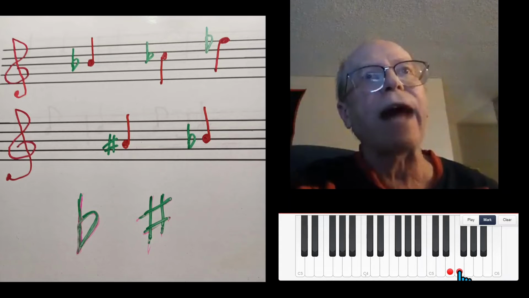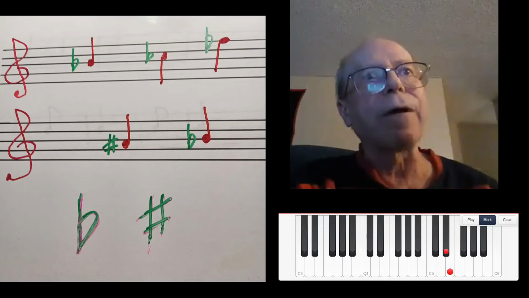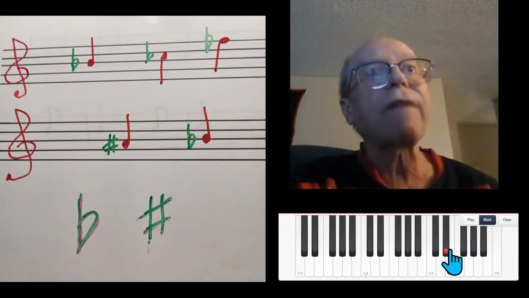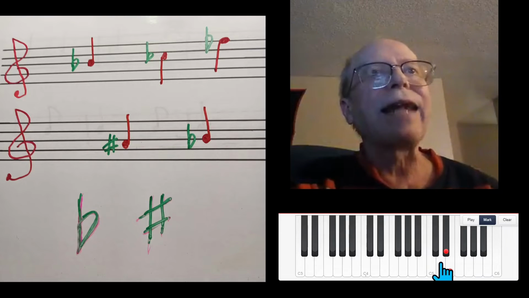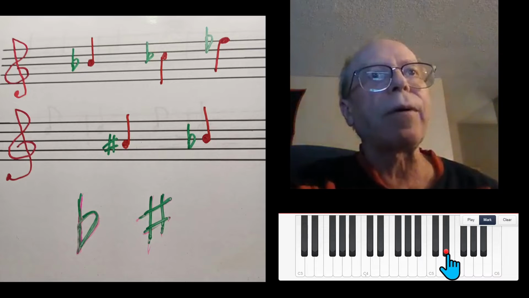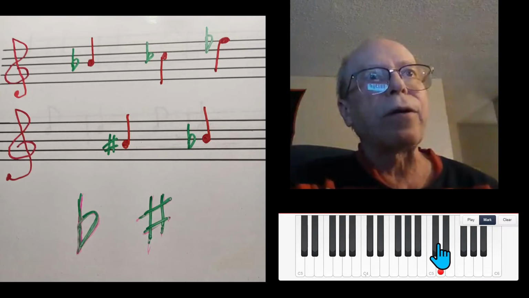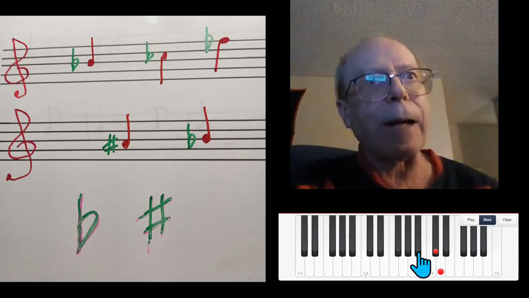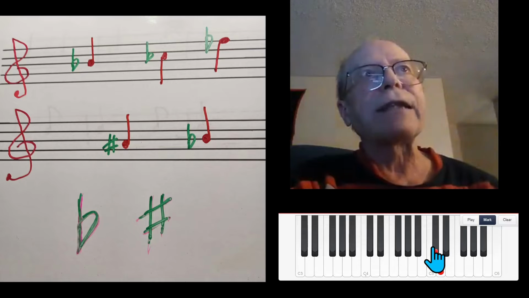But E flat, however, if you were on E, you would go down one to E flat. Just don't get confused about the black notes and the white notes. We're talking semitones, and that's the only thing you have to worry about. So if you go down from D, you're going to go to D flat. That's really what I had to tell you about flats and sharps.